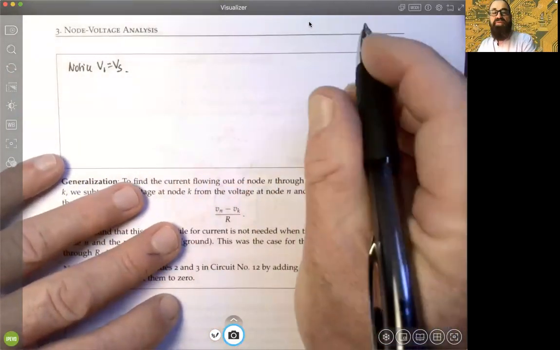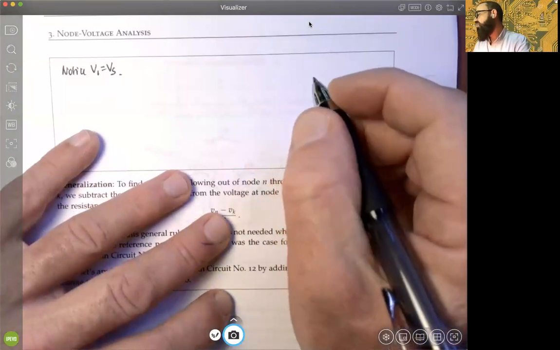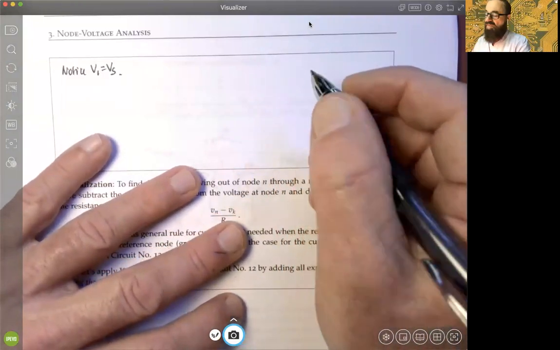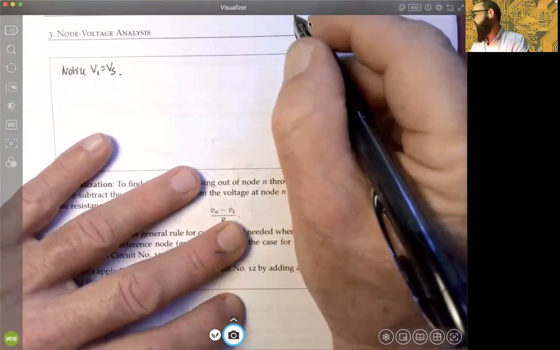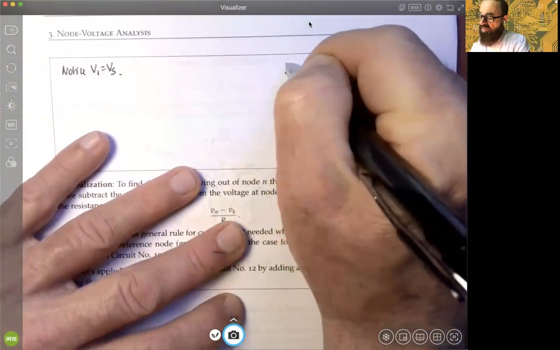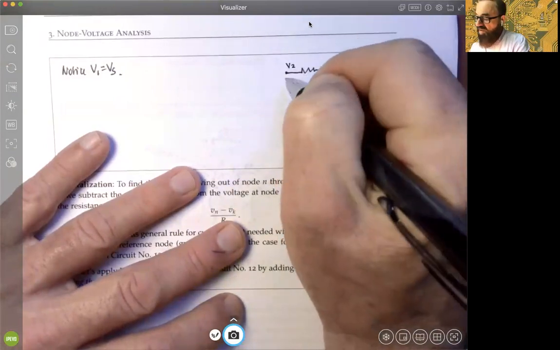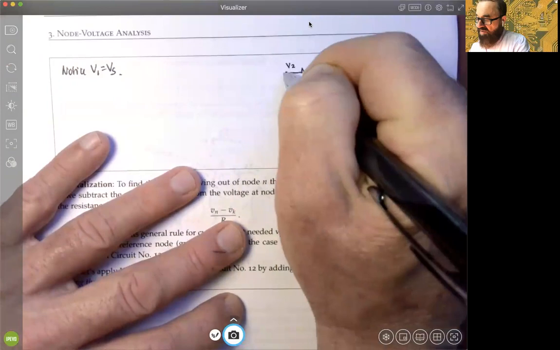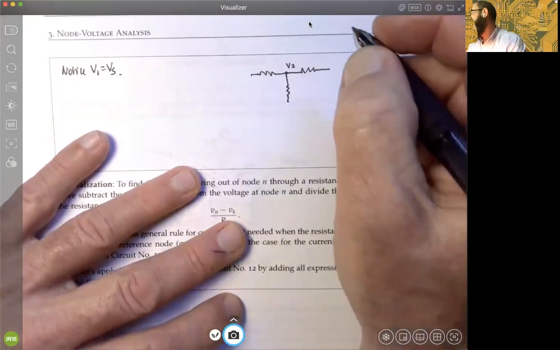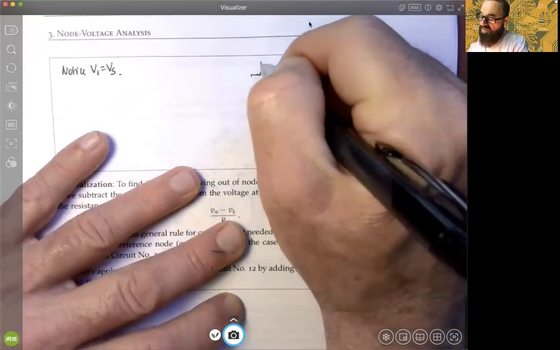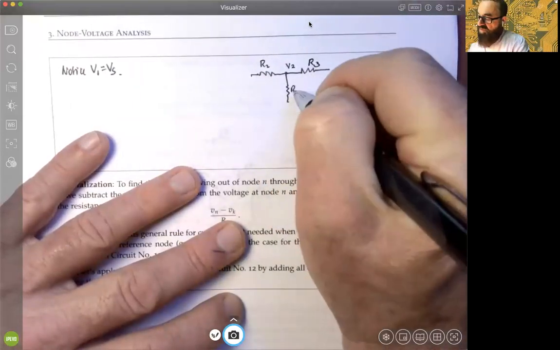So what I'm going to do is a little sketch here of what node 2 looks like, because all we care about are the currents relative to it. So part of the diagram, this was V2, and we had this resistance, and we had a resistance coming out here, and we had a resistance here, okay? So I'm just sketching part of that previous circuit diagram. This was R2, resistance 2, this was 3, this was 4.